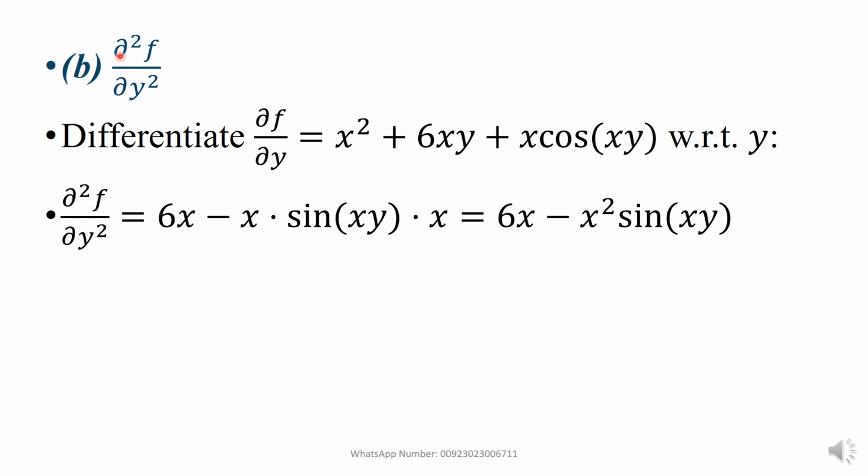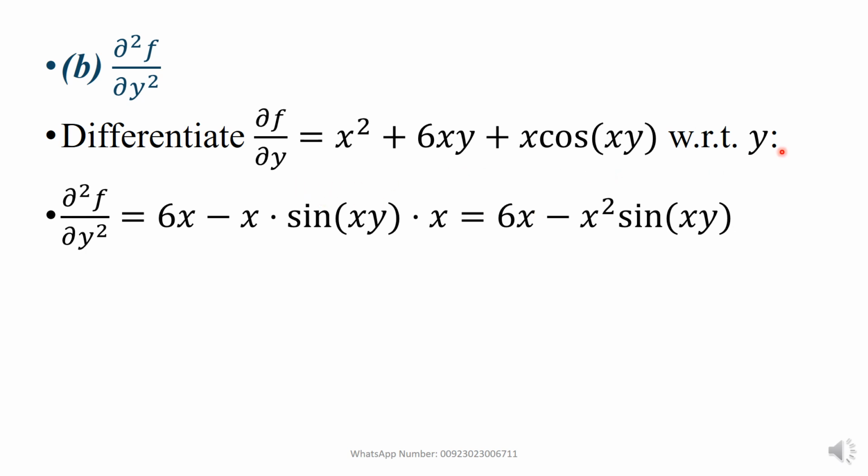Part b, partial squared f upon partial y squared. Differentiate partial f upon partial y, equal to x squared plus 6xy plus x cos xy, with respect to y.